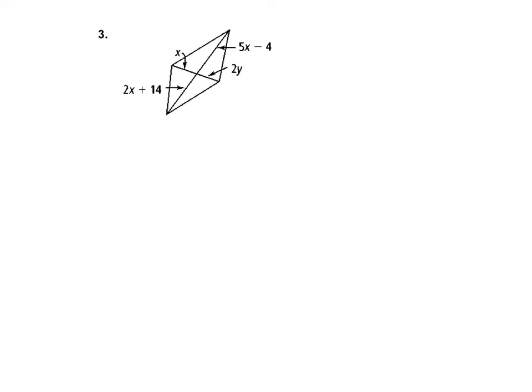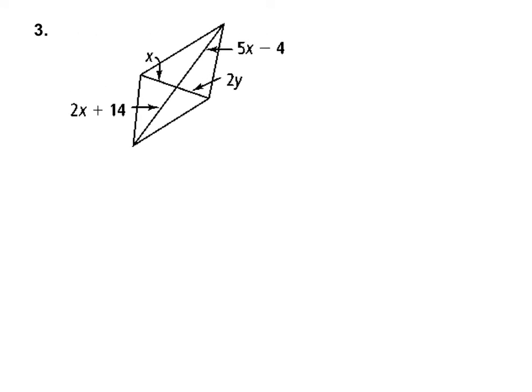Okay, the next one. For this quadrilateral, I am given information about the diagonals. That means the diagonals have to cut each other in half for it to be a parallelogram. So this piece should be equal to that one, and this one should equal this piece. I'm starting with this diagonal because it has the same variable.